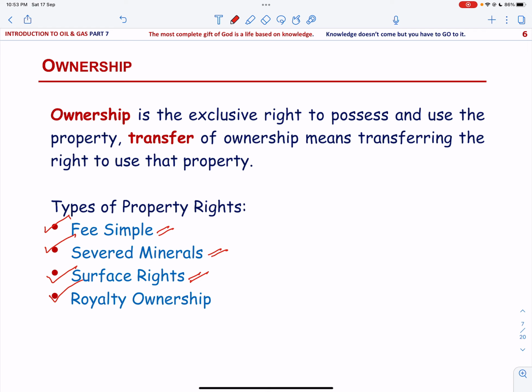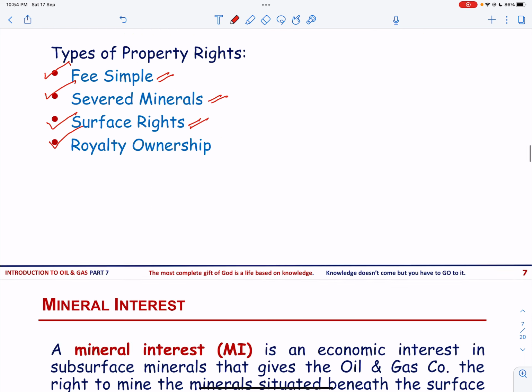Oil and gas companies have economic interest in the subsurface minerals, and this gives them the right to mine the minerals situated beneath the surface of a property. Oil and gas companies can acquire mineral interests by lease agreement with the fee simple owners or from the severed mineral owners. Let us talk about mineral interest in the next slide.